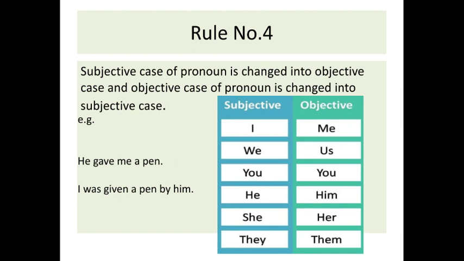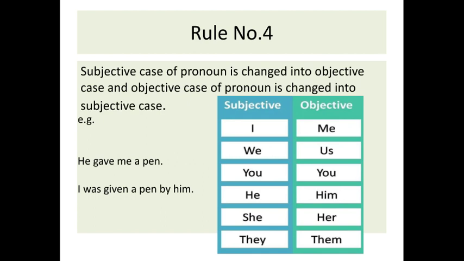I changes into me, we into us, you into you, he into him, she into her, they into them. And it will be changed the opposite way: me into I, us into we, you into you, him into he, her into she, them into they, according to the sentence.